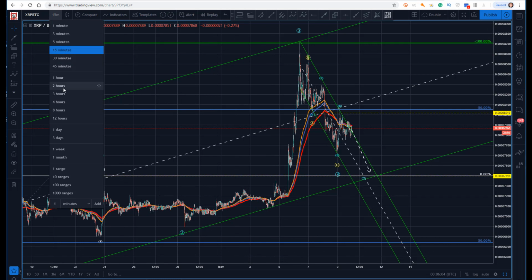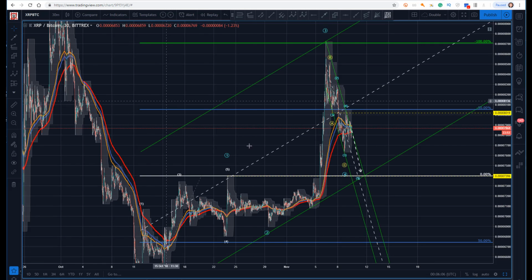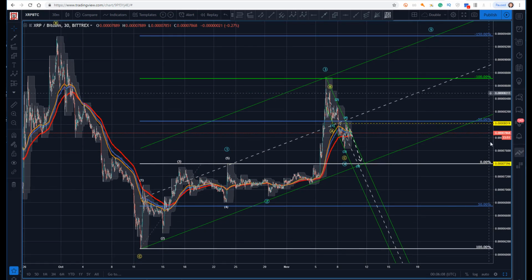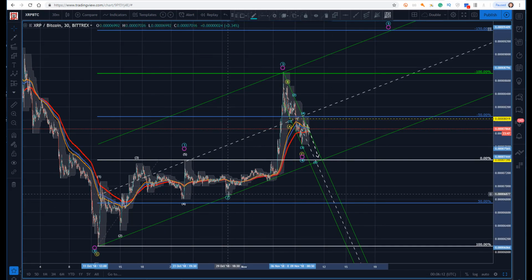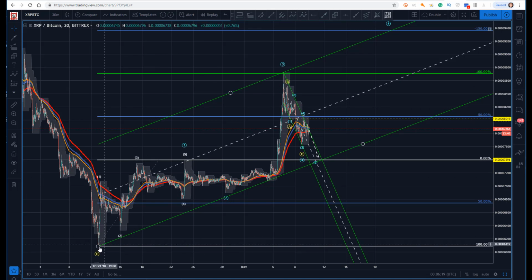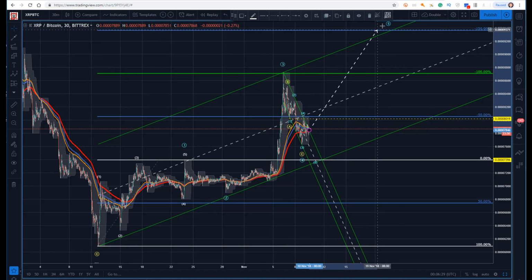So let me pull back out to, let's go to 30, and get a little more structure on this. So the 2 continues to be somewhat problematic because of the shallowness, particularly if we're looking at a diagonal. So the alternate is that we'd have a shallow B, and now we've completed up here the C wave, and that we will not have this expansion.